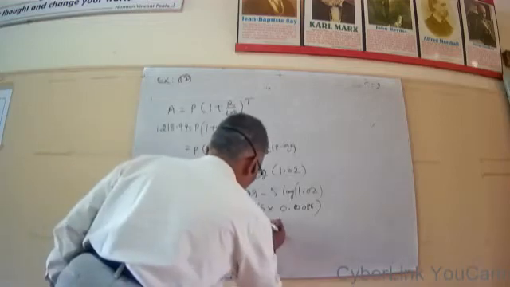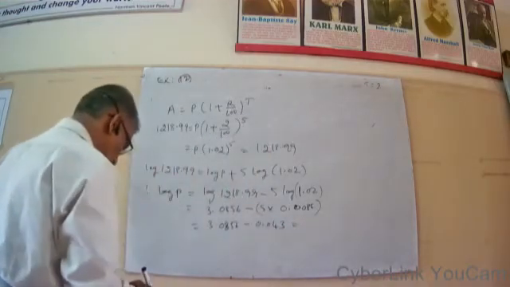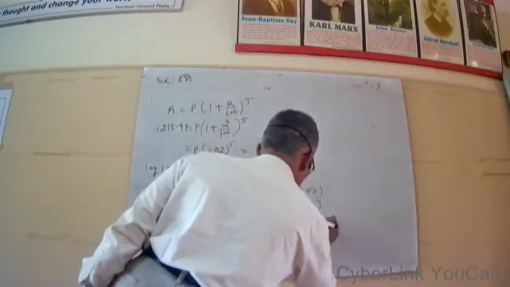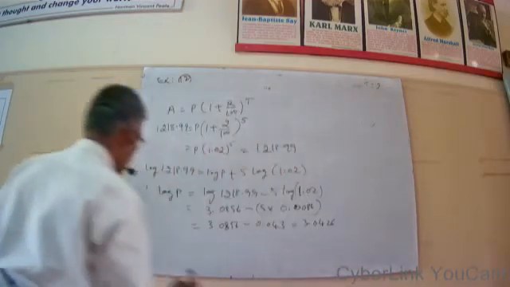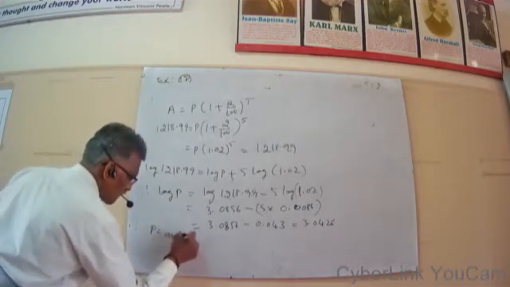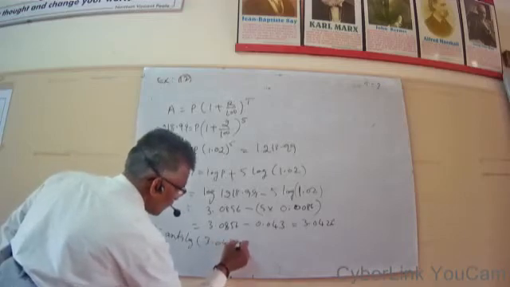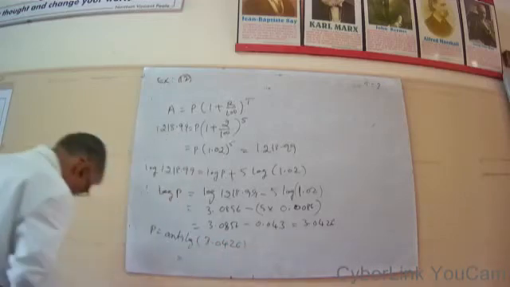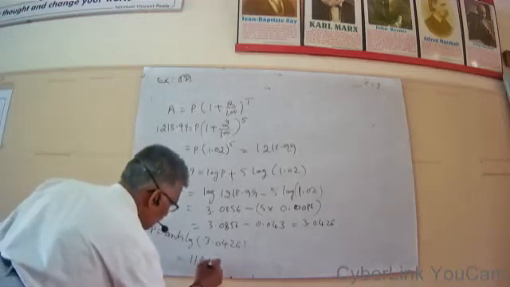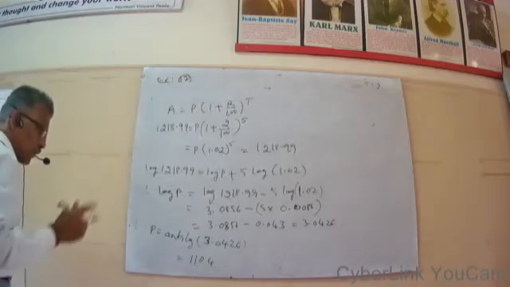So this gives you 3.0426. Therefore P equal to antilog of 3.0426, which equals 1104. The characteristic part is 3, so 3 plus 1 is 4 digits.